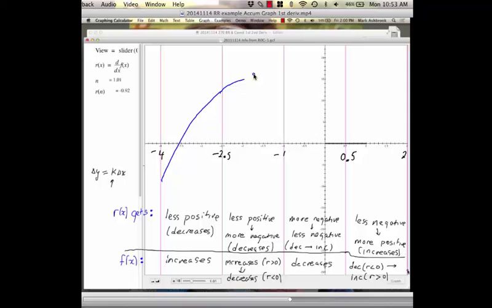Okay, so at some point it changes from increasing to decreasing, and when that happens, the accumulation function has a momentary pause in its value. It doesn't go up or down for a moment. If it's going to start going down, then there must be a moment where it reaches what?